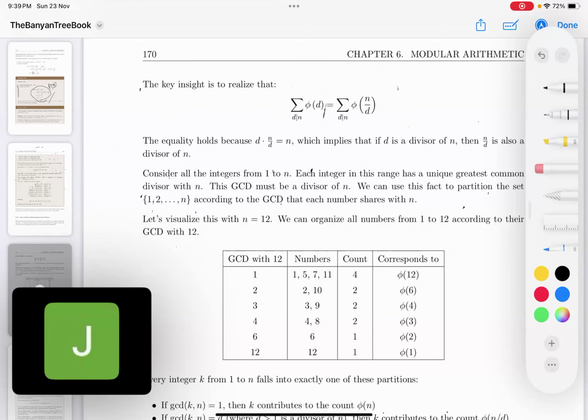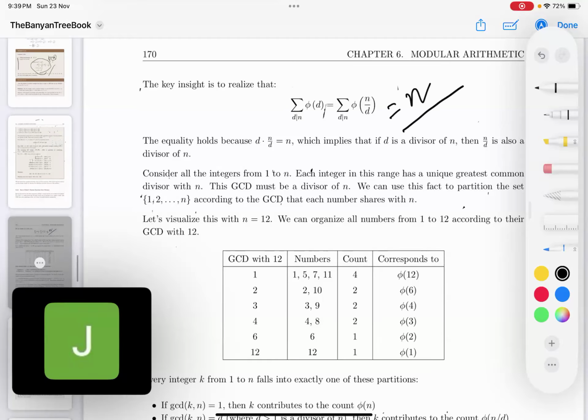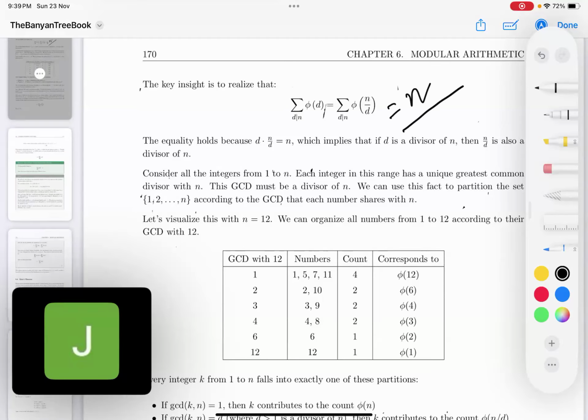So the idea is that this is just a rearrangement, right? Now what we are trying to understand is how this sums up to N. So why does this equal N? Because this essentially forms a set.